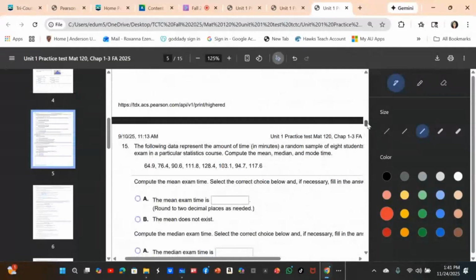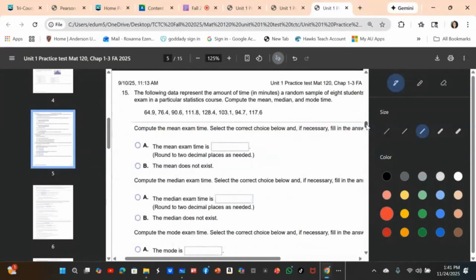All right, remember we are studying the Unit 1 practice test, but you can see how Unit 1, which is descriptive statistics, actually points towards inferential statistics.